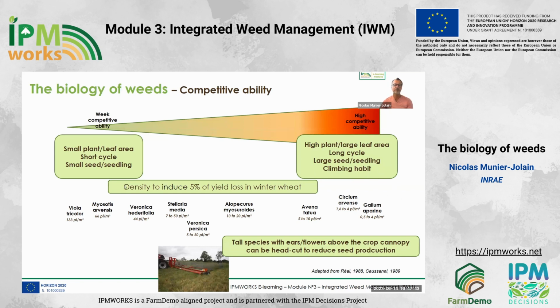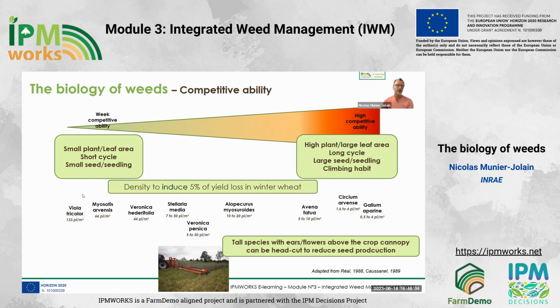You have here a ranking of a number of weed species, very frequent in arable field crops, and the density that is able to induce 5% of yield loss in winter wheat, according to the literature.